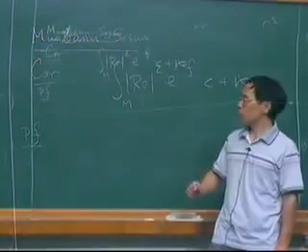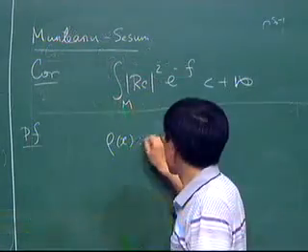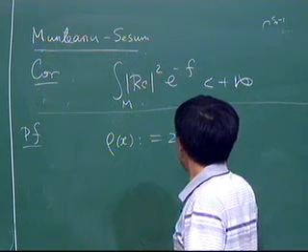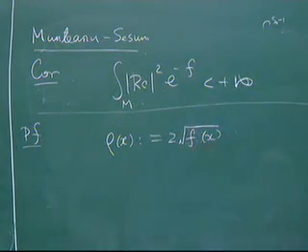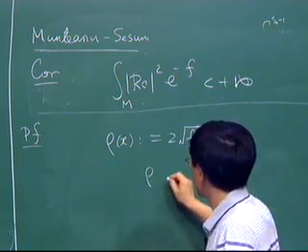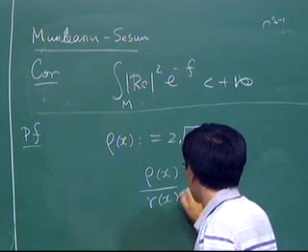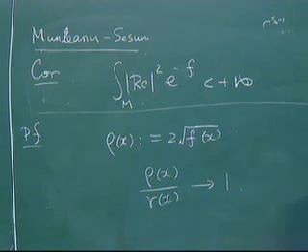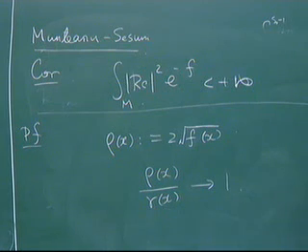But here, if you define a function rho of x, this equals 1, the limit is 1.